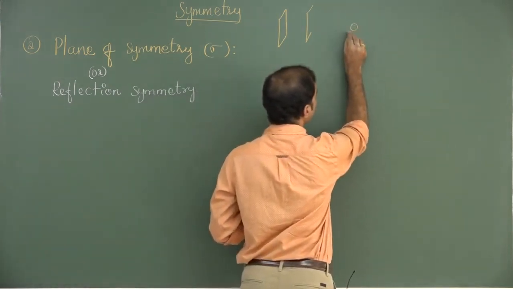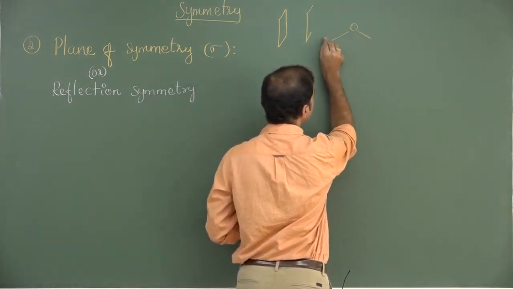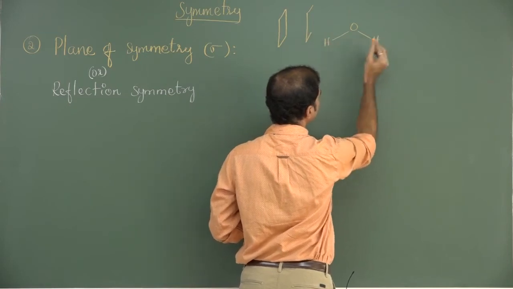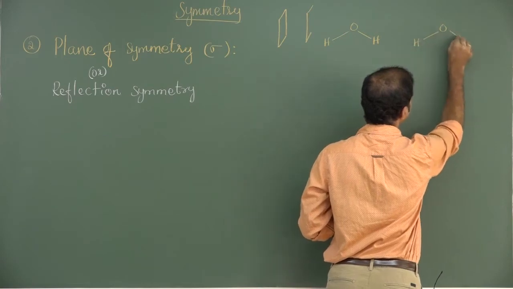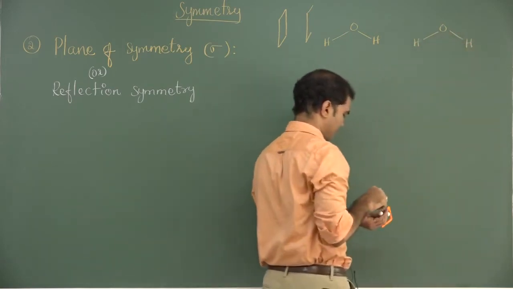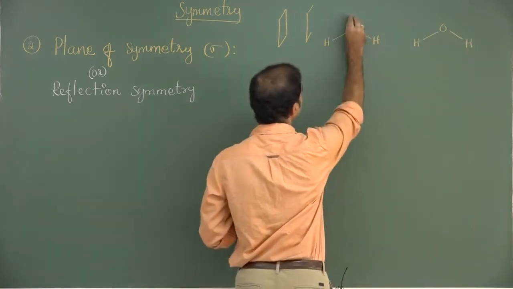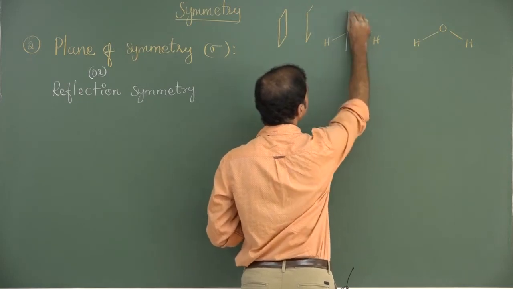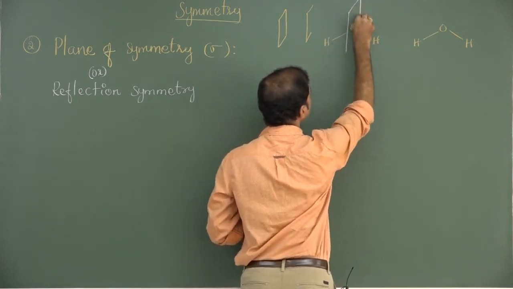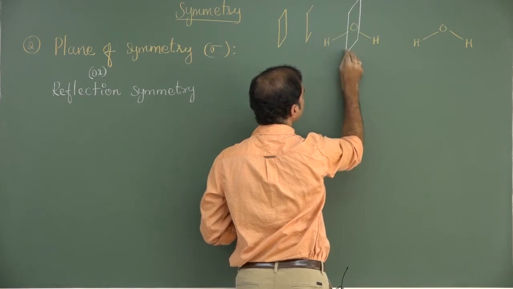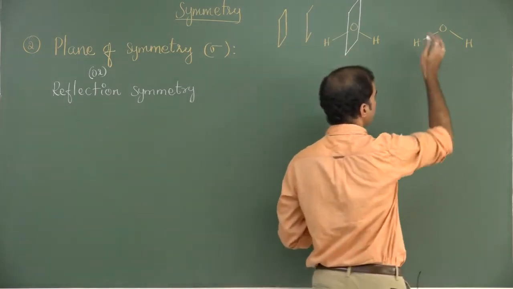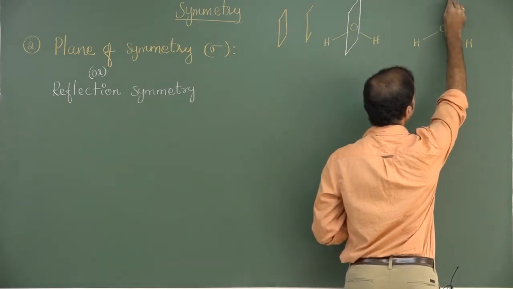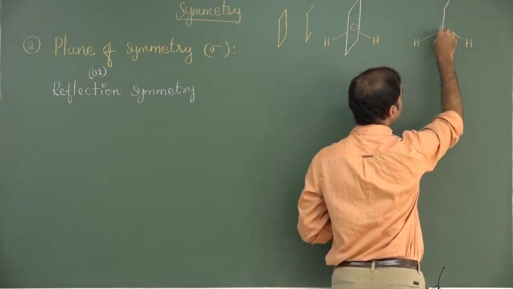Supposing I have to draw a plane in the water molecule, so this is the exact plane in full. If the same thing has to be represented in half, this is how we represent.